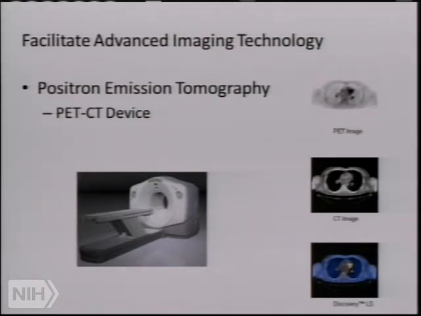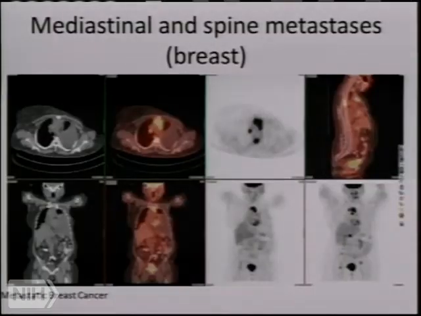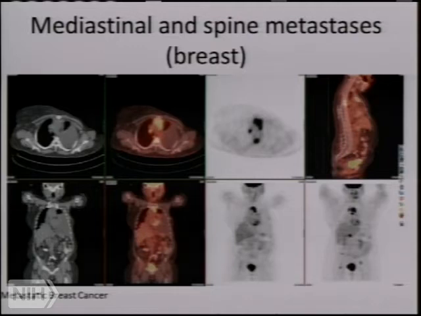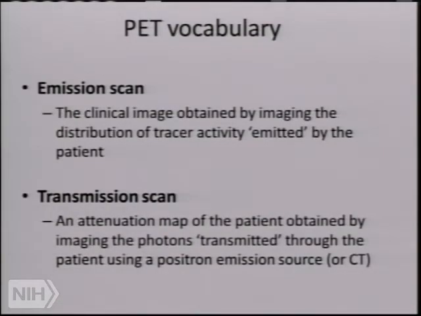They involve obtaining a PET image, also a CT image, and a fusion image, where the two are superimposed upon one another, and that's a PET CT. And this is an example of a patient with breast cancer, and you can see all the areas of increased uptake in her spine, anterior mediastinum, and you can really localize where the metastatic disease is. Oftentimes, the PET is much more sensitive than the other techniques we've talked about for detecting sites of metastatic disease.